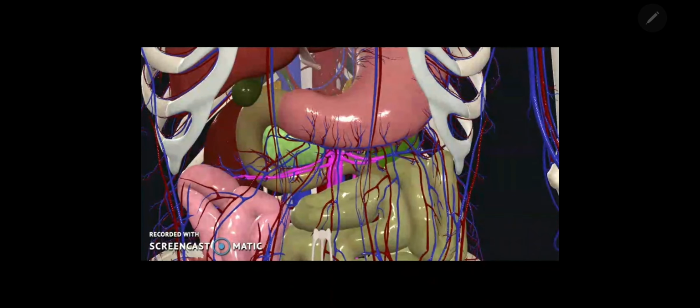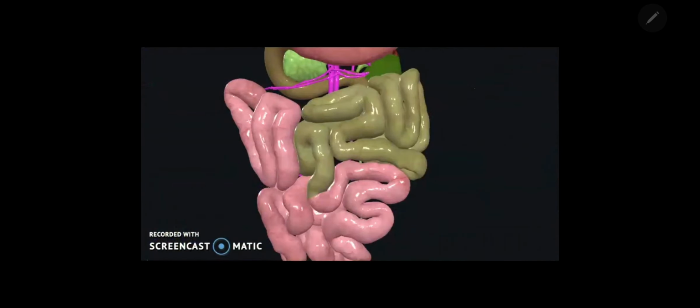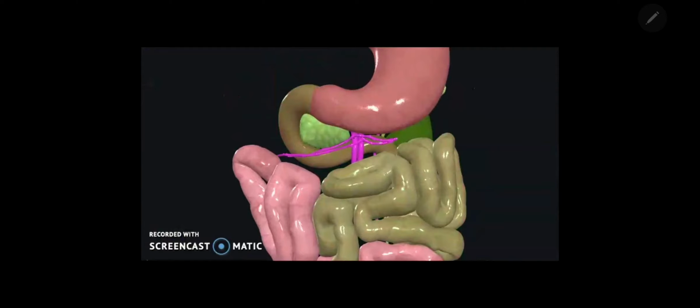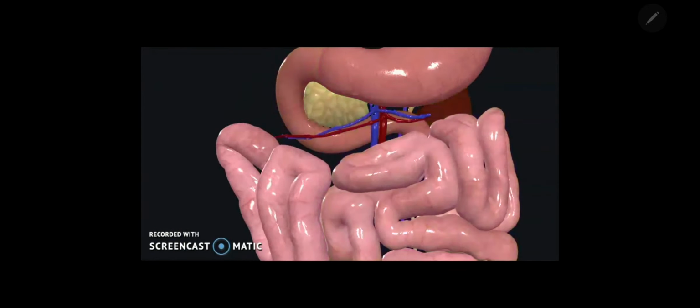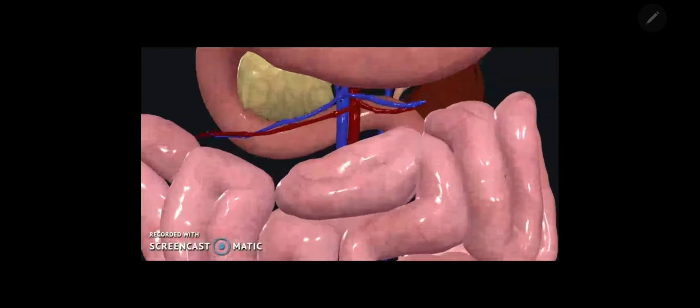You can notice here the relations of the fourth part. Anteriorly it is related to the transverse colon and coils of intestine there, and you can see the superior mesenteric vessels lying in front of the fourth part.